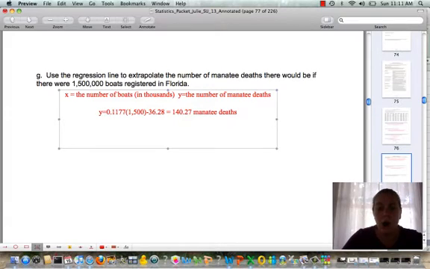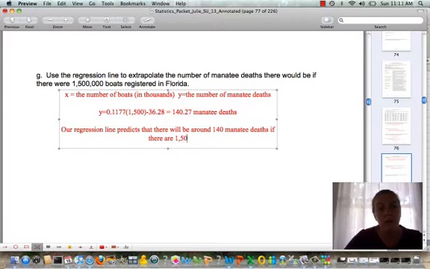Our regression line predicts, or extrapolates is our vocabulary word, that there will be around 140 manatee deaths if there are 1,500,000 boats registered in Florida.